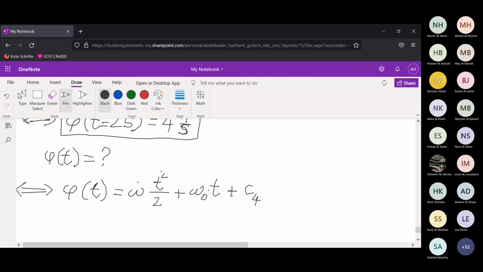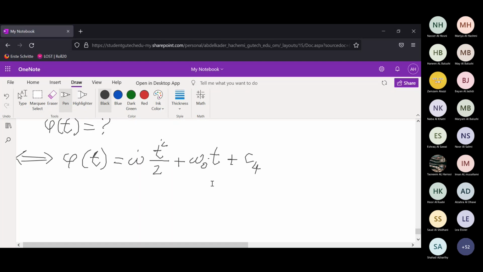C4. If we do so, then we have at time t 0, phi at time 0, equal to 0.